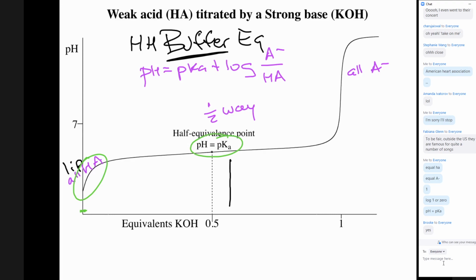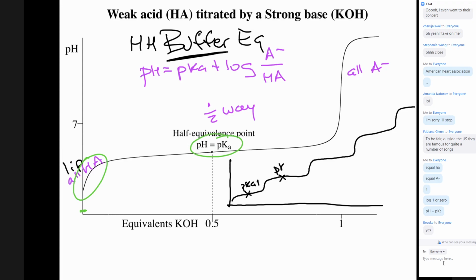So let me write a curve like this. And we're going to do polyprotic curves in a bit, but I want to just totally overdo it. pK1, pK2. I so wish I had an option for a fine tip. So how many have learned that if you have multiple protons, that still pK is always in the middle?